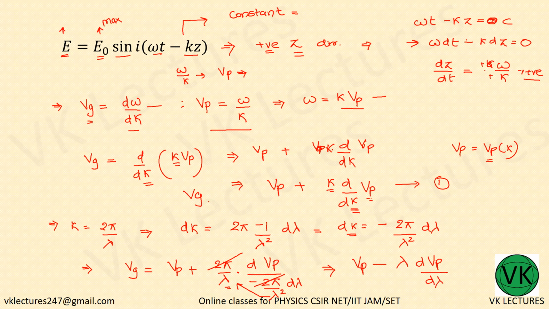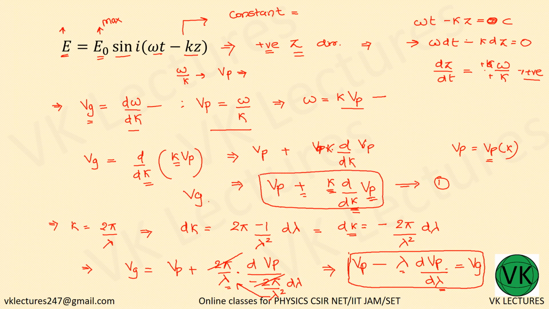So Vp minus lambda dVp by d lambda is nothing but your Vg. This can be used when your Vp is a function of lambda, and the previous equation can be used when your Vp is a function of k. So there is only a very slight difference. Here you have plus and k, here you have minus and lambda instead of k. Please remember these are very important equations for group velocity.